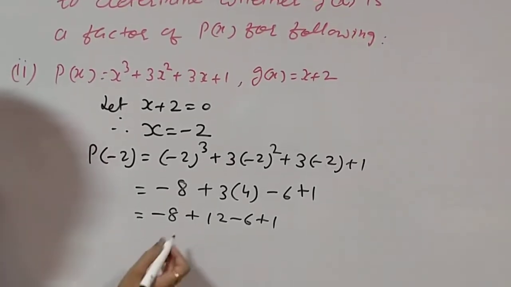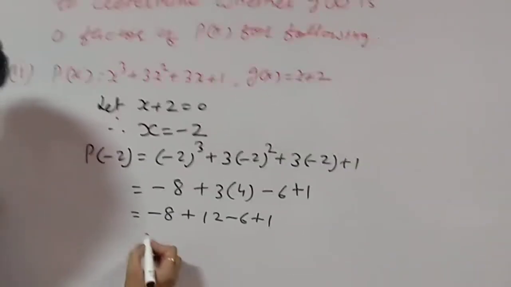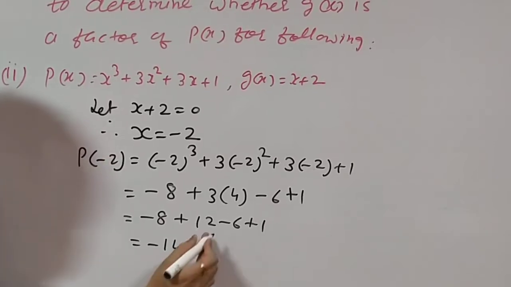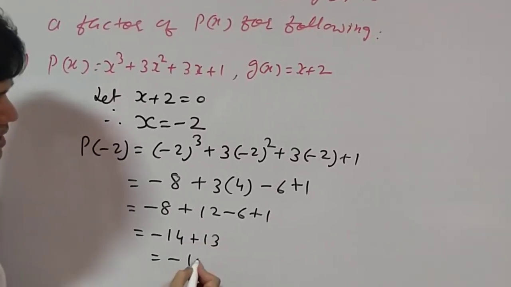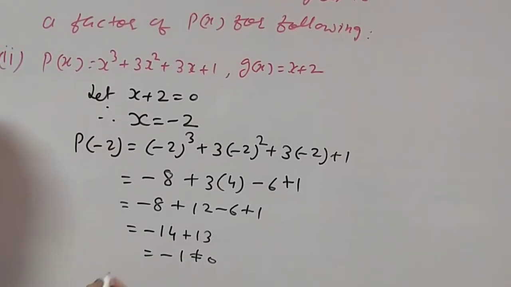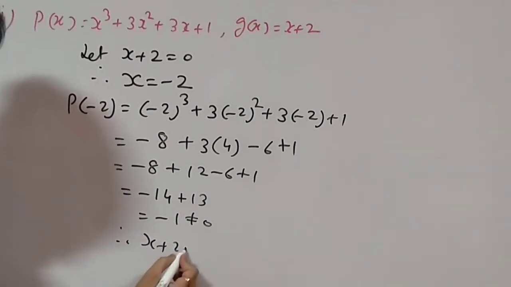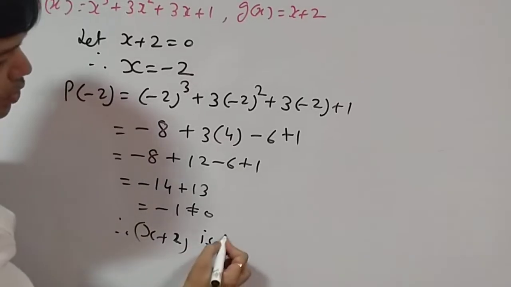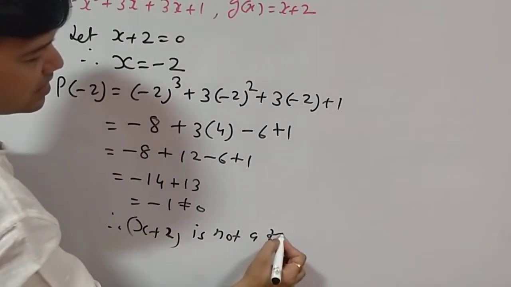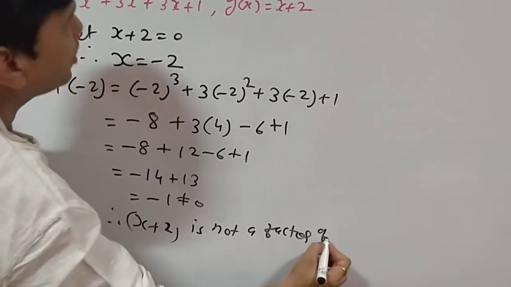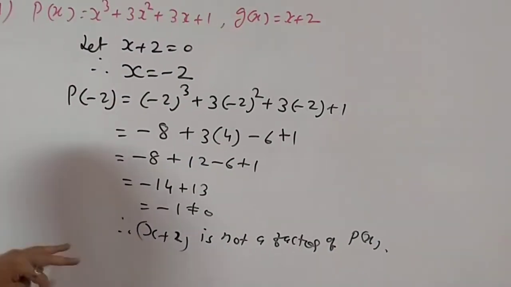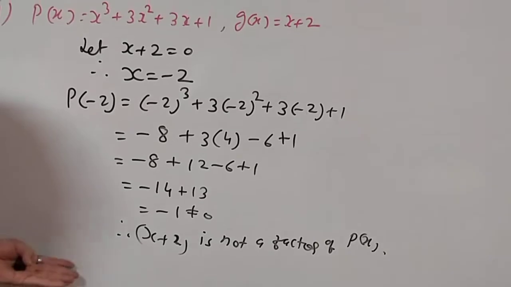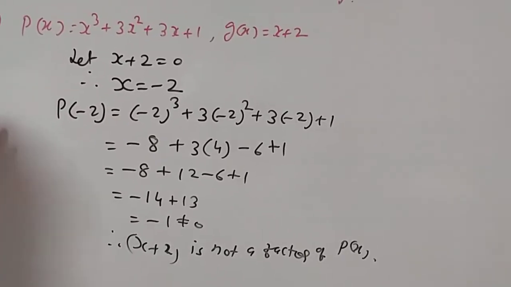Minus 8 minus 6 is minus 14, 12 plus 1 is 13, minus 1, not equal to 0. Therefore, x plus 2 is not a factor of px. So here you have to put the value. If the answer is not 0, then it is not a factor of px.